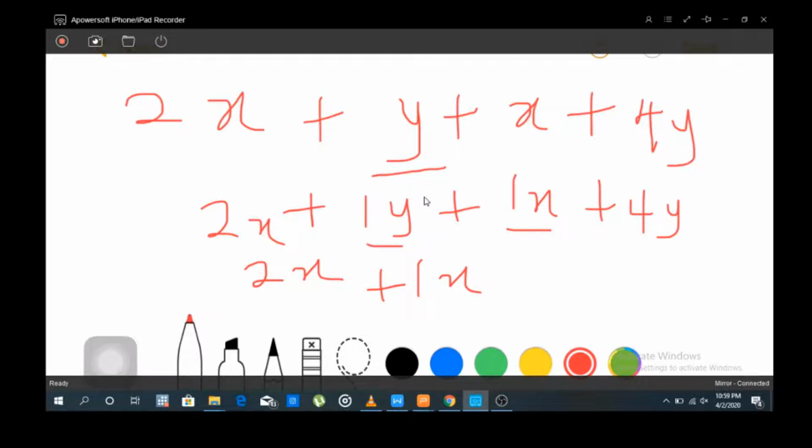Then we start from this y plus 1y plus 4y. So when we are adding or subtracting, we just need the numbers. Here we have 1 and here we have 4.